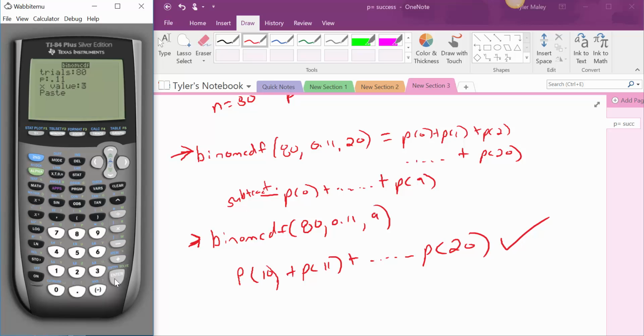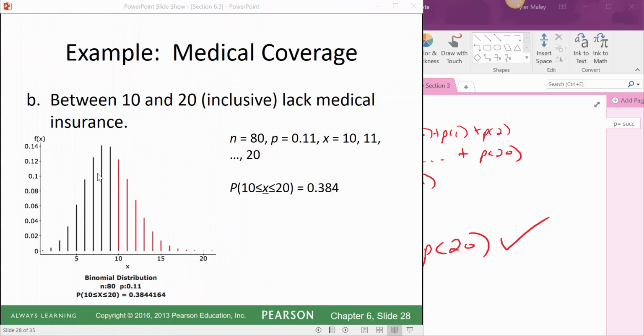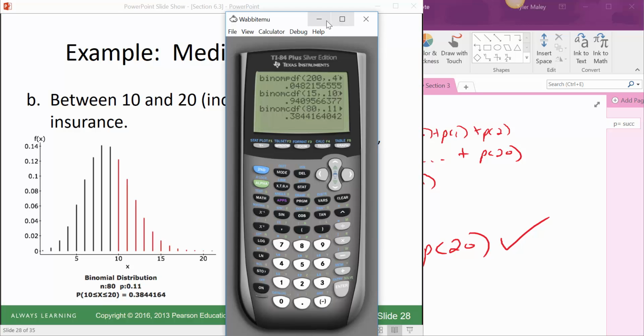The x value for the first one is 20. And paste. Then I want to do minus, and then second distribution, and option B again, binom CDF. We want 80 trials, 0.11. Now my x value is 9. Enter, paste, hit enter, and we get 0.3844, which is exactly what we get in this printout on this slide. So that's how you could do that in your calculator.